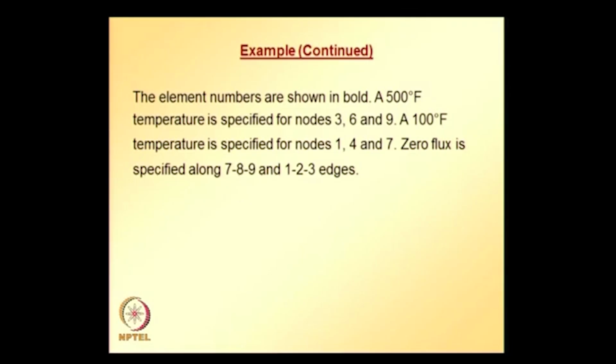Element numbers are shown in bold. A 500 degree Fahrenheit temperature is specified at nodes 3, 6, 9, a 100 degree Fahrenheit temperature is specified at nodes 1, 4, 7, and 0 flux is specified along the 7, 8, 9 and 1, 2, 3 edges.